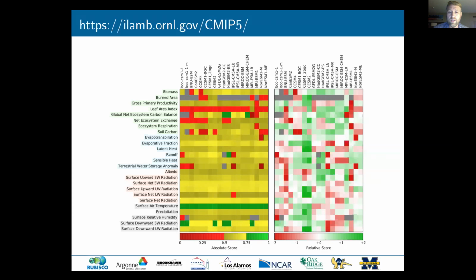The idea is that we try to give you some score, but as you look, you may notice that a lot of the coloring schemes are fairly similar, and so what we find more helpful sometimes is, for any given variable, to look at the relative score. On the right-hand panel, you'll notice green and red colors, where green just means that for any given variable, for that collection of models, your model is doing better than the others in that particular score.